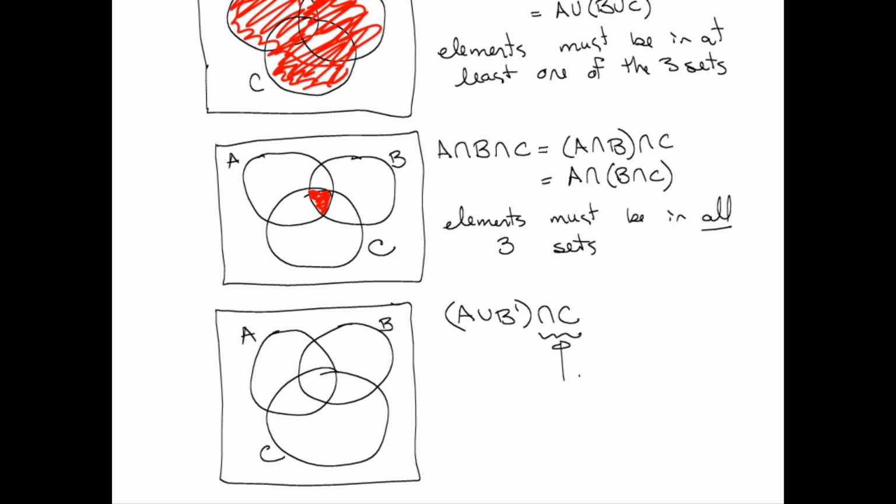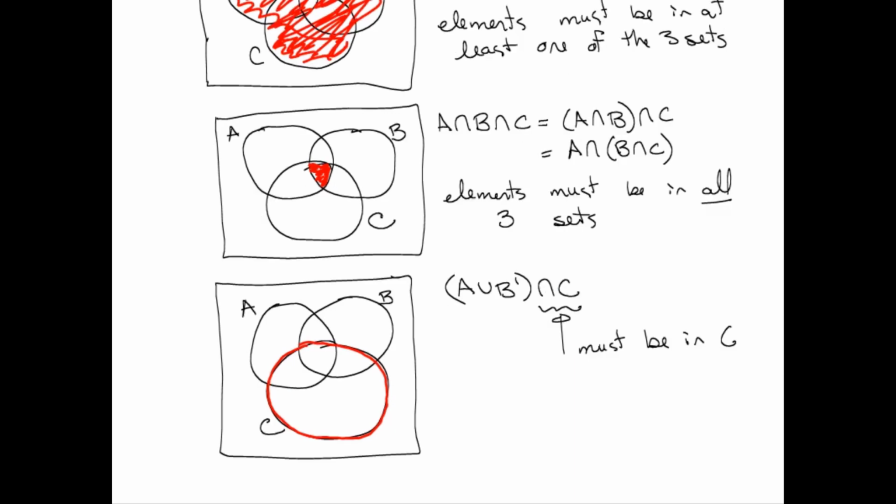This means that the elements have to be in C, and then they also have to be in that other set that's combined with parentheses. So, when I start, that means the only place I'm going to look is C. I'm not even going to worry about the rest, because I know whatever's going on with the rest, it's not going to ultimately be shaded. The ones that are ultimately shaded are going to be elements that are in C.